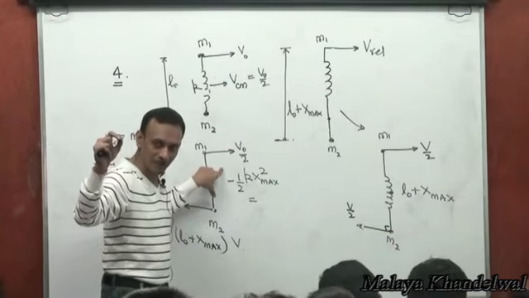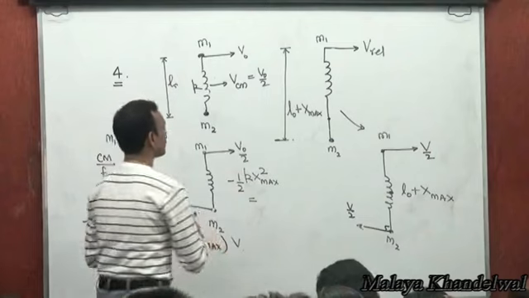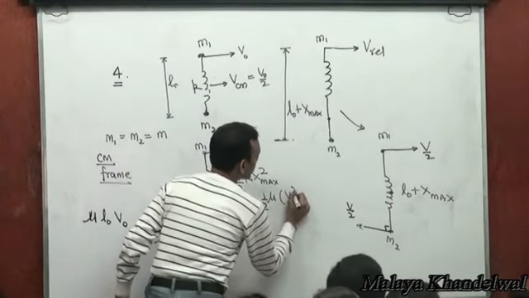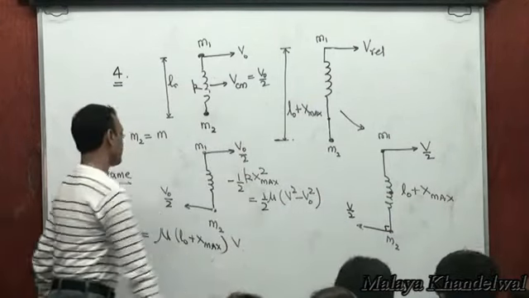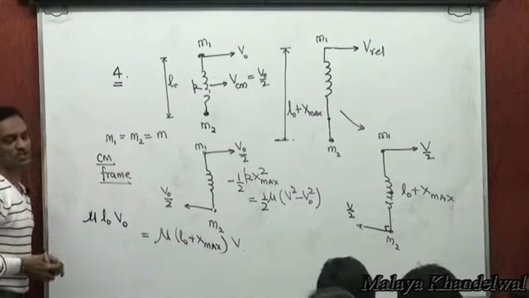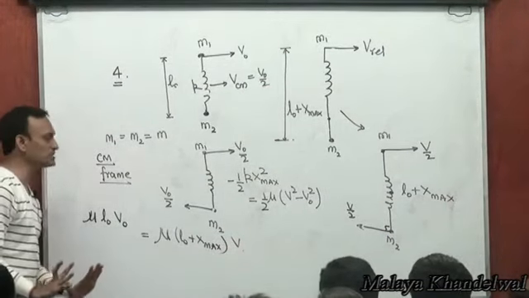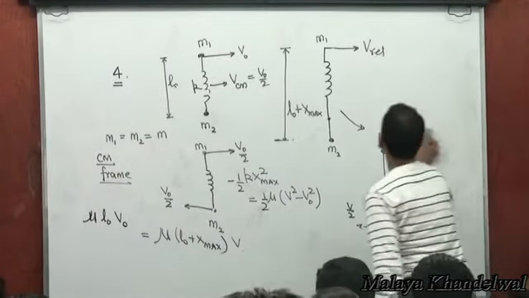Kinetic energy in the center of mass frame is half mu into relative velocity squared. So that's half mu into v squared minus v naught squared. Yes or no? These are the two relevant principles. Now we just need to quickly solve.